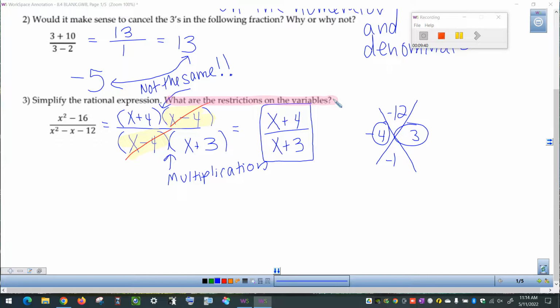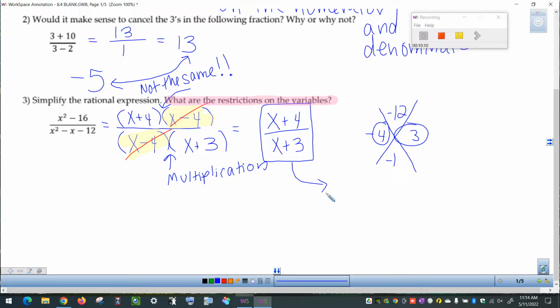And so what we're going to look at here is that we can plug in any number for x except for two values. In this case, it would be positive 4, because that could make the denominator 0, 4 minus 4 is 0. Another one that would be not allowed is the x value of negative 3, because that would make the denominator 0.